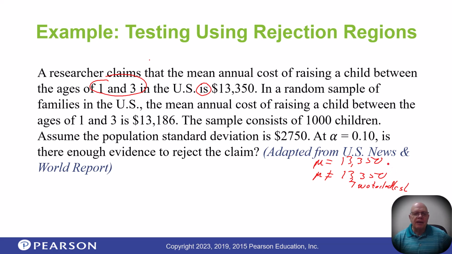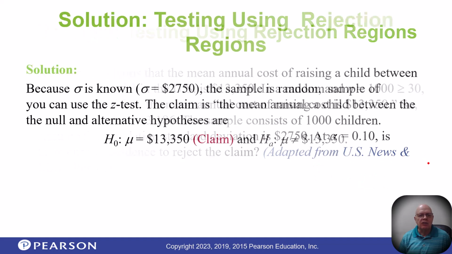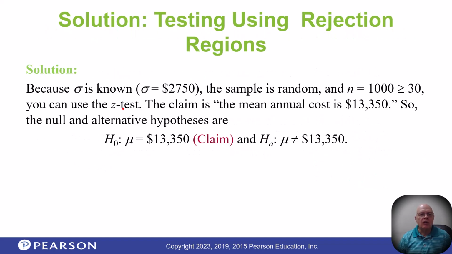And the claim is that, let's double check here. Yeah, the claim is this. So we'll label this so we can write our conclusion in terms of the $13,350. We know the standard deviation, so we can use a z-test.